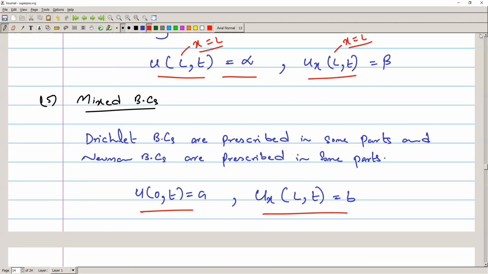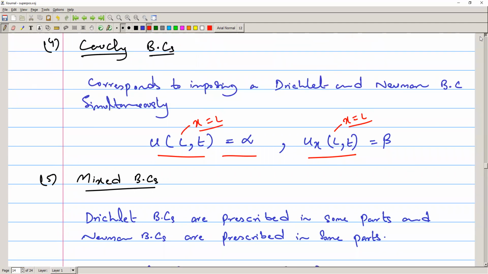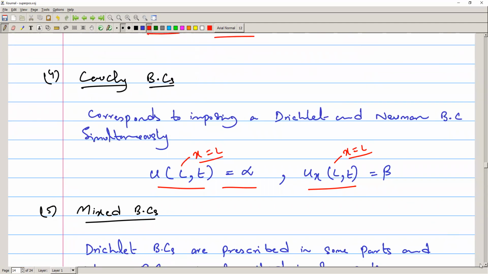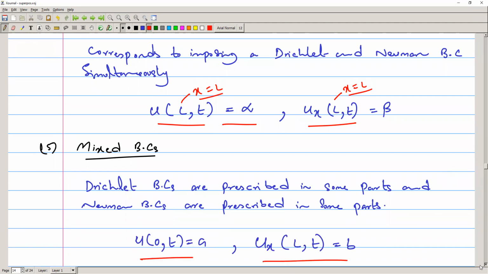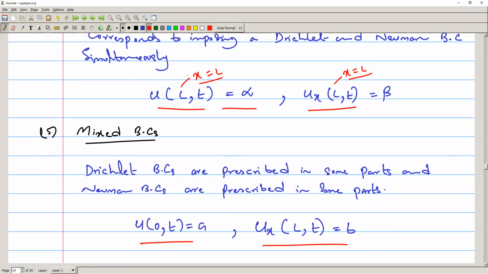So the difference between the Cauchy and mixed boundary conditions is that in Cauchy boundary conditions, this value should be the same, but here you can see in mixed boundary conditions, these are different. This is at x equals 0, and this condition is at x equals L, right?